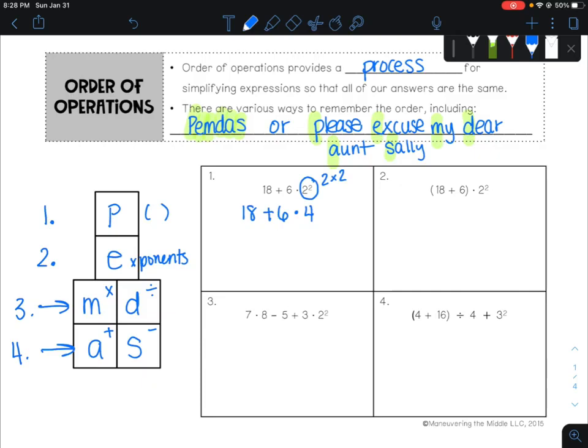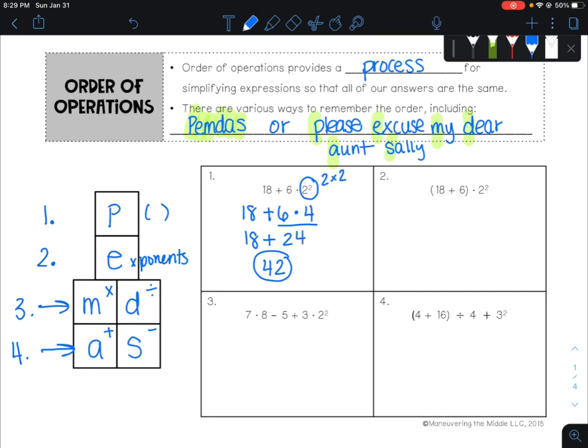Okay? Now I'm looking to see if I have multiplying and or dividing. I only see multiplying. So I'm going to copy the beginning and then do this multiplication step. And when I do that, I get 24. There's only one operation left, and it is adding. So I'm going to add that up, and we get 42.